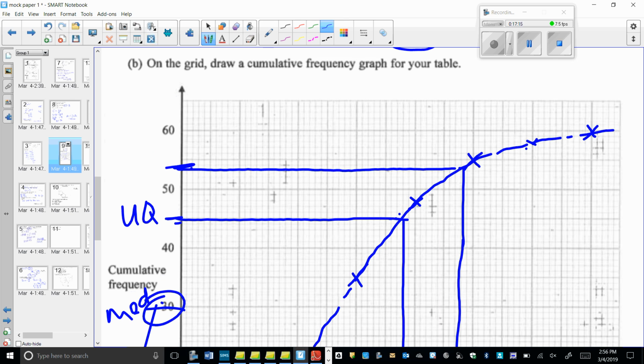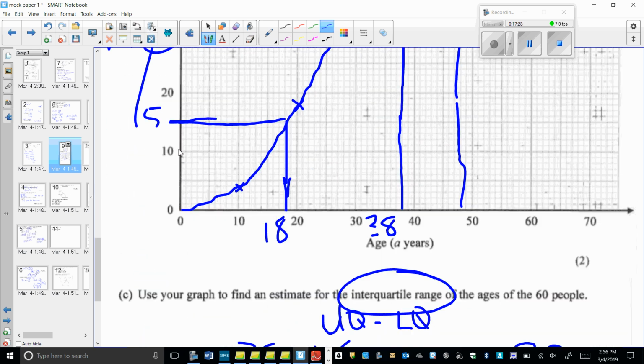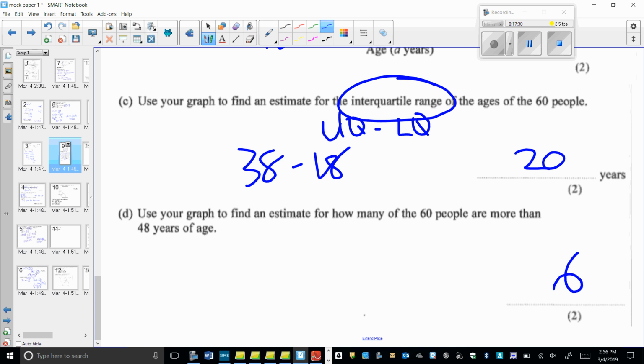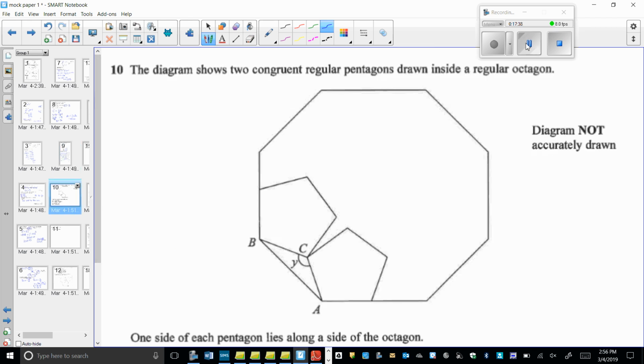To be honest, I think it's secretly that one, so I think that's 54. I just didn't draw it very well. So I'd say that these people are up to 48, and then the remainder are over. So that means it's 6 people. Again, as long as you use your graph, then you can get marks, even though it's not exactly what it has in the mark scheme. So you may all have different answers.